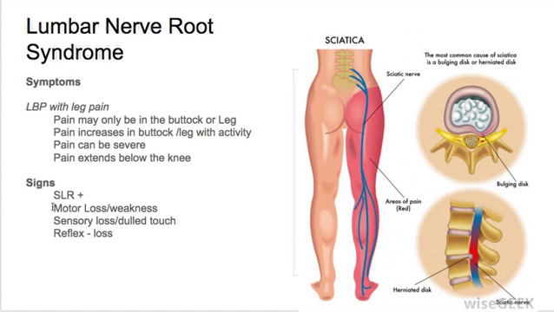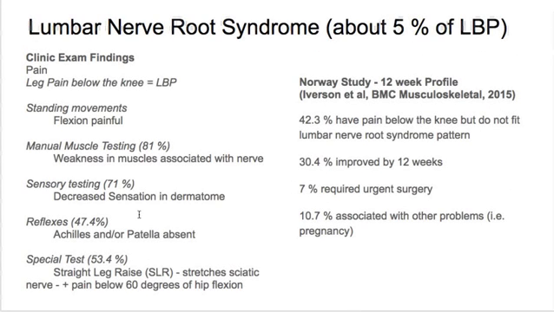If it's connected with motor loss or sensory loss or reflex loss, those are all signs that there's a nerve root problem. Specifically, we can go through the exam findings here where the low back pain is at least equal to the leg pain, the leg pain is below the knee, and oftentimes the leg pain is much worse than the low back pain.